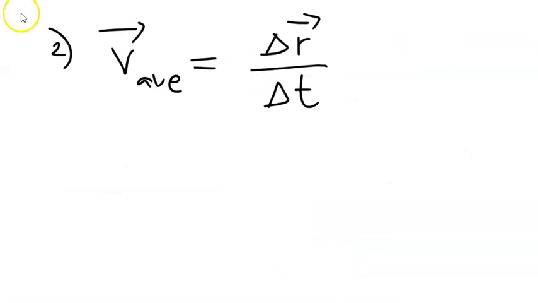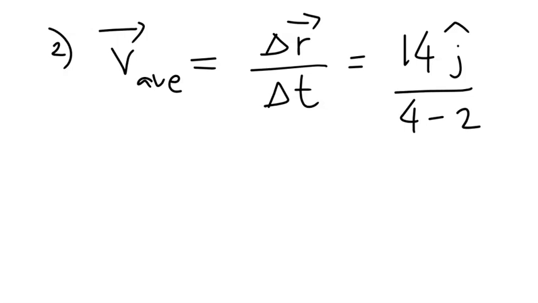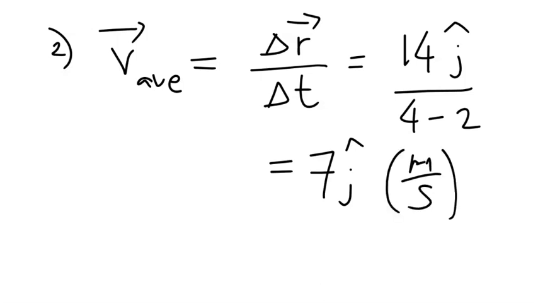Having found the displacement, the average velocity can be found from the following equation. We know the displacement vector was 14 j hat. The time interval is 2 seconds because it's 4 minus 2. So you end up with 7 j hat meters per second for the average velocity.